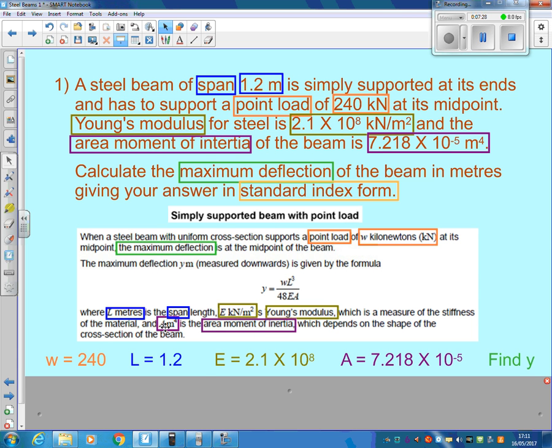Your moment of inertia, A, let's look at the same color over here, is 7.218 times 10 to the minus 5. And then what are we trying to find? The maximum deflection, which is y, and that's what you're trying to find. So basically we write down what we know from here, and we write down what you're trying to find.